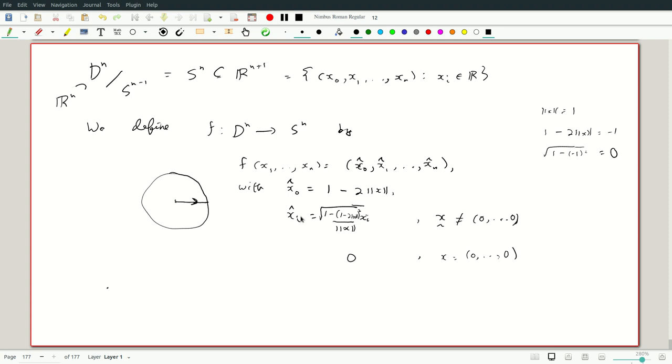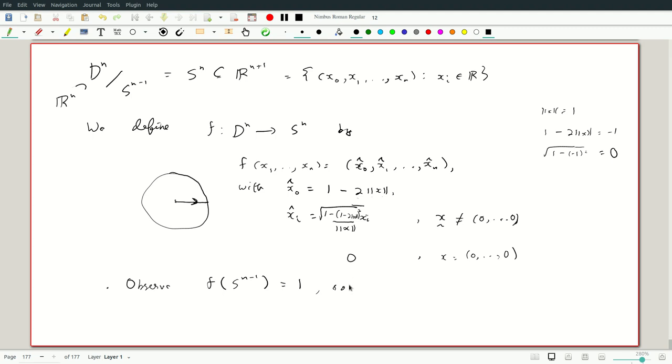So you notice that the entire boundary is mapped to the xi hats are mapped to 0, and this part is mapped to minus 1. So note, observe f of Sn minus 1, the entire function is going to be equal to 1.